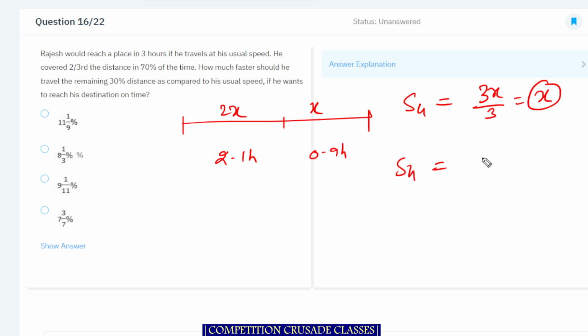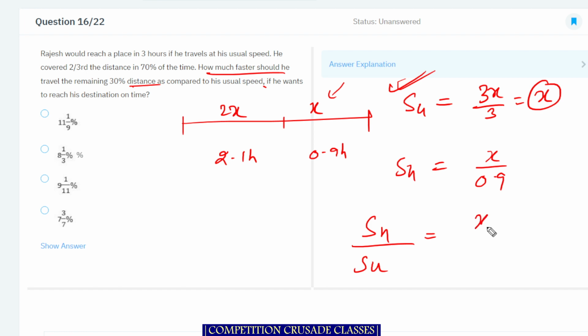What about the new speed? That is distance by time, that is x upon 0.9. They are asking how much faster should he travel the remaining 30% distance, which is this one, compared to his usual speed. Compared to his usual speed means they are asking you to find the ratio of the two. So they are asking Sn by Su, which is x by 0.9 divided by x.